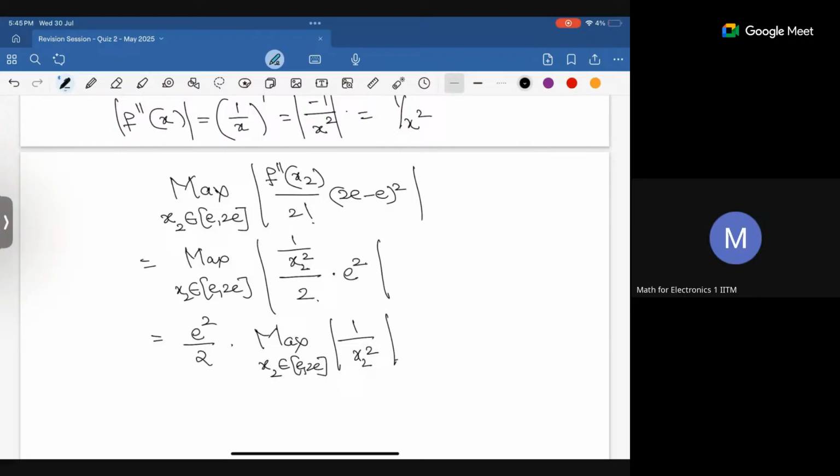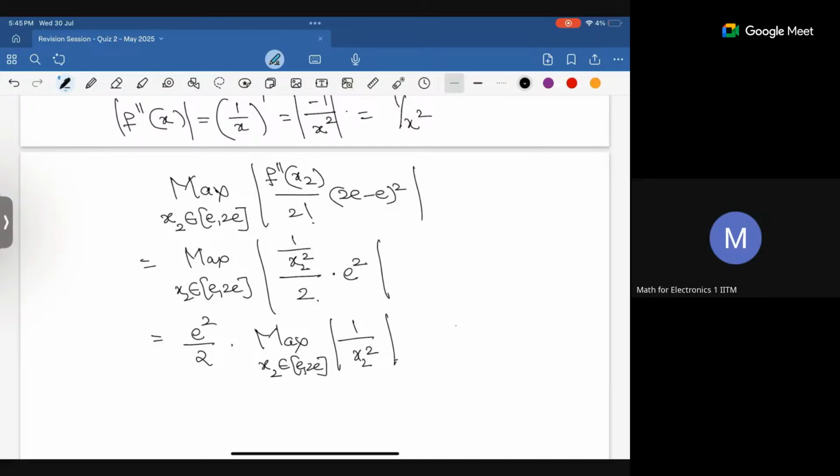Right. So if you look at the expression 1 by x2 square as x2 is in the interval e to 2e, how does 1 by x2 square behave? Decreasing. It will decrease, right? So if I take x2 to be e, I'll have the expression value to be 1 by e square. And as I increase the value of x2, it is in the denominator and greater than 1.